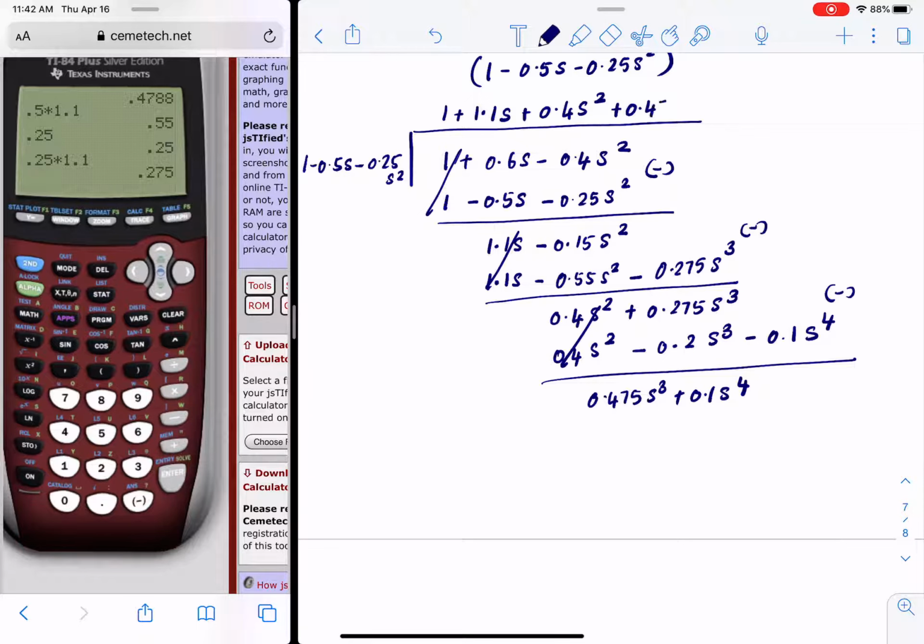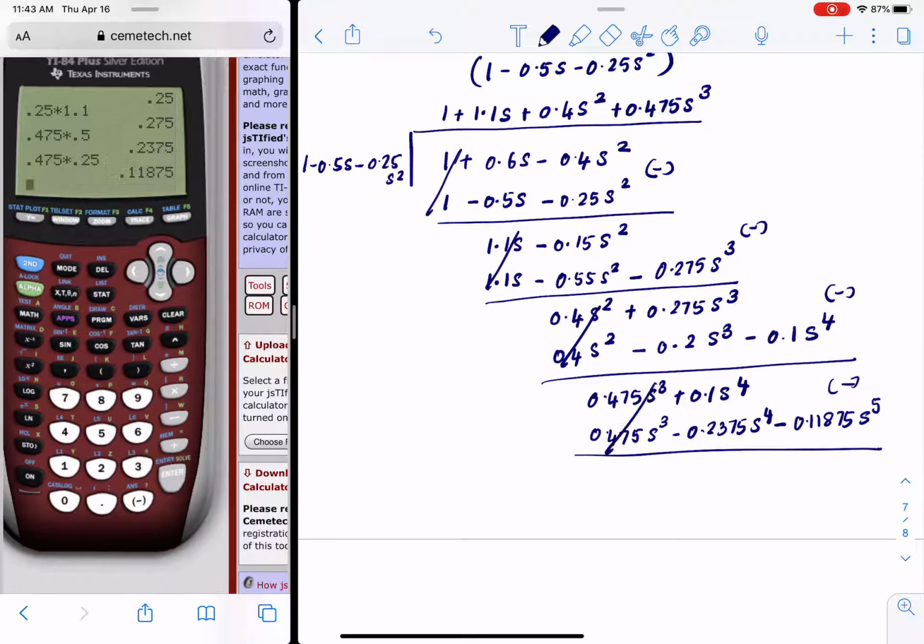Plus 0.475s cubed, I have 0.475s cubed minus 0.2375s raised 4 minus 0.11875s raised 5.